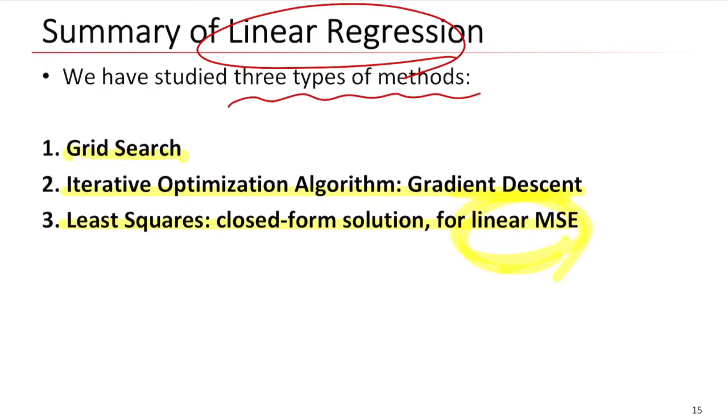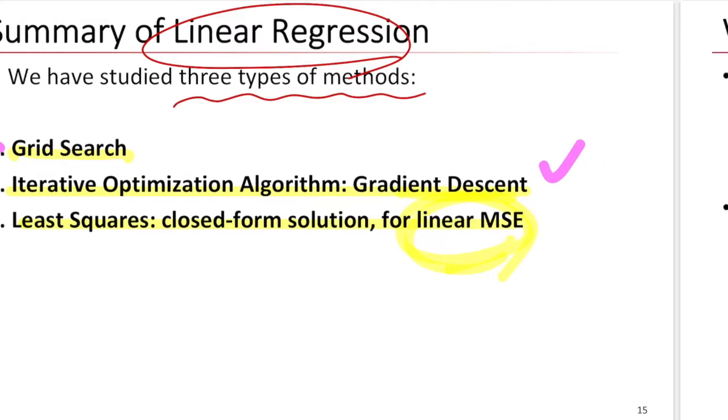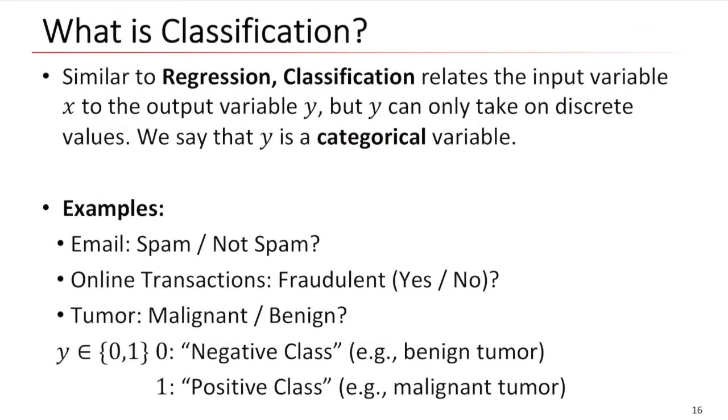This method is used only for very specific cases, so I would say gradient descent is the very popular optimization technique to solve the linear regression problem. We can also solve the classification problem using gradient descent, which will be discussed from now on. Okay, let's move on to the classification problem.